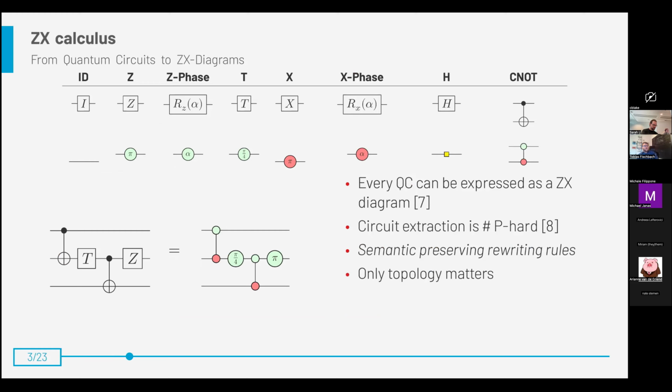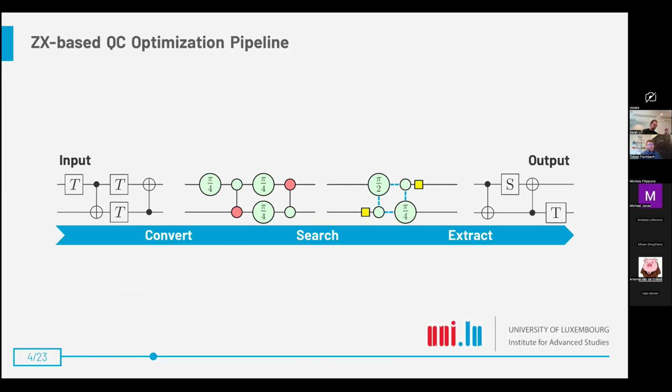And now the thing that I am really focused on is how we can take these semantics-preserving rewriting rules of the ZX calculus and chain them together. So let's take a very abstract, high-level look at what it looks like. In general, when we want to do quantum circuit optimization with the ZX calculus, it's three stages.